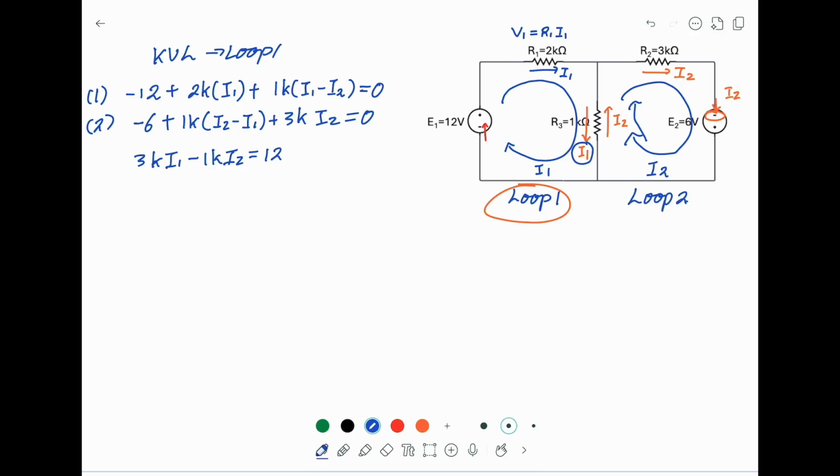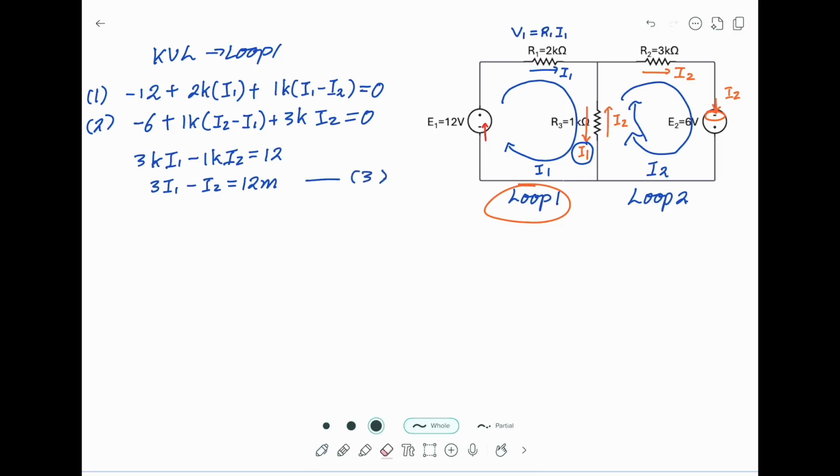So it becomes 3 I1 minus I2. When 12 is divided by 1000, it is 12 times 10 to the minus 3, and the prefix for 10 to the minus 3 is m. So it becomes 12m. This is our equation 3.